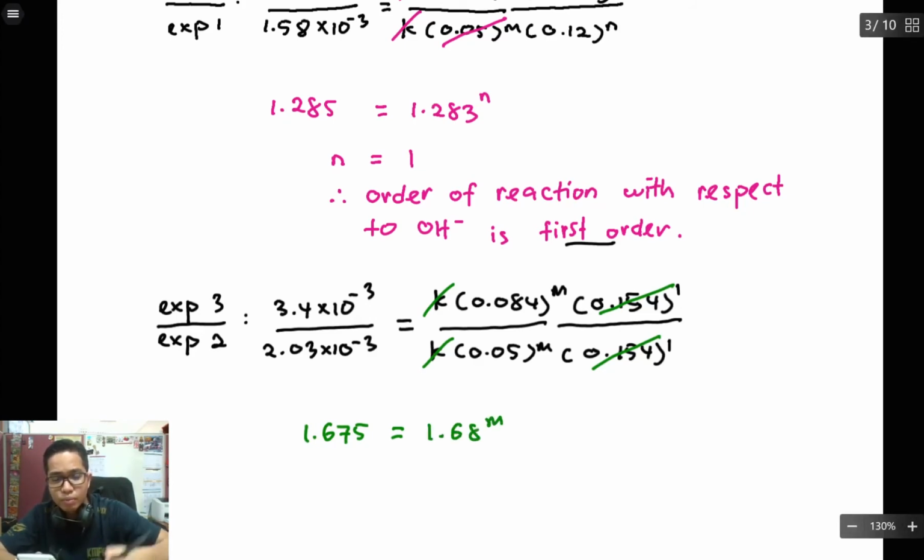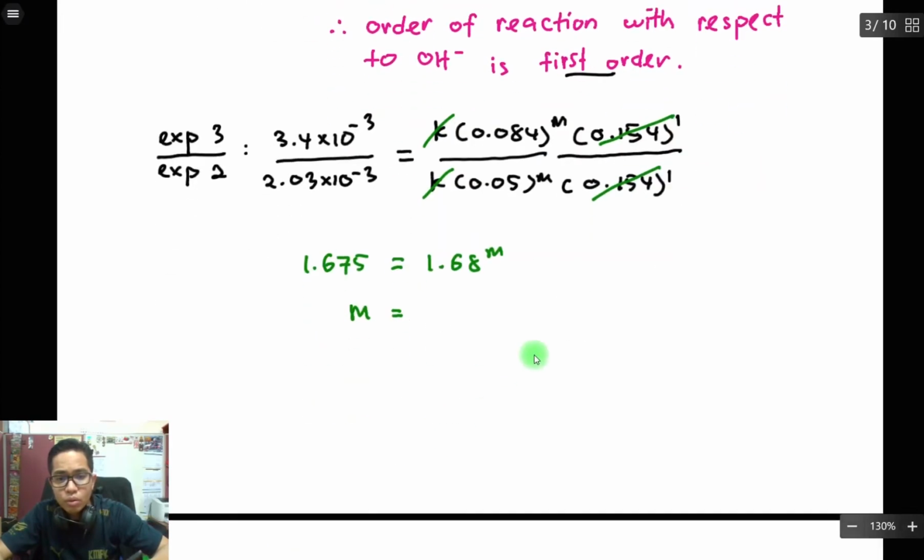1.68 power of m. So again the numbers are about similar. So m is also 1.